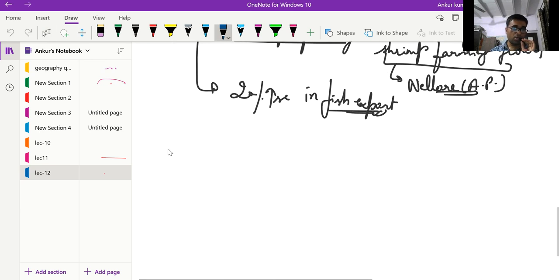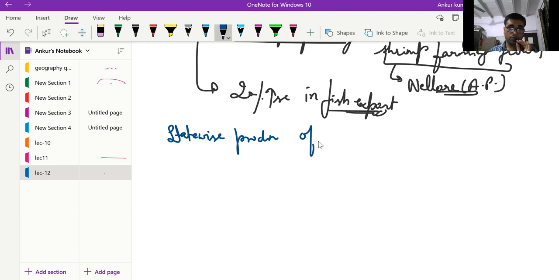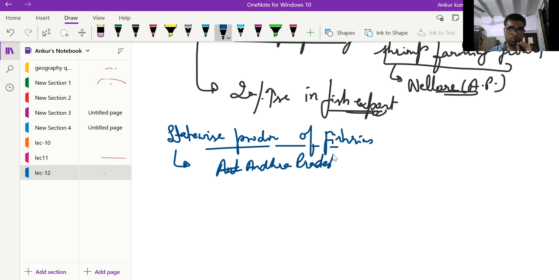Now along with this, let us analyze the state-wise production of fisheries. In the state-wise case, including both freshwater as well as marine fisheries, Andhra Pradesh is the largest producer of fishes.